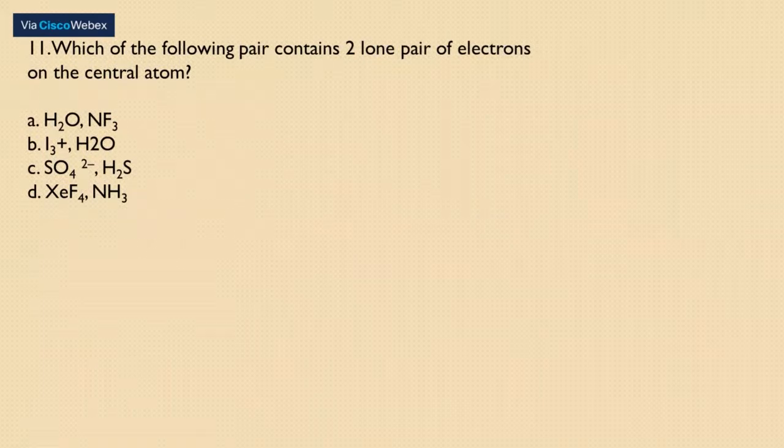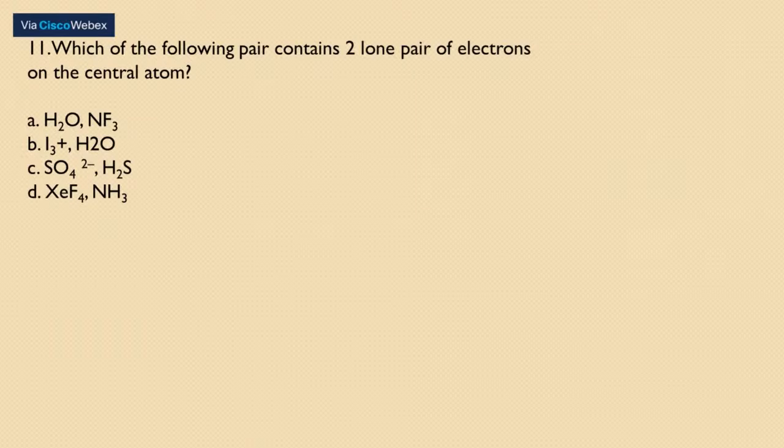Okay, now which of the following pairs contains two lone pairs of electrons on the central atom? Please read it carefully. In order to know this, you should be familiar with the Lewis structures of major molecules.